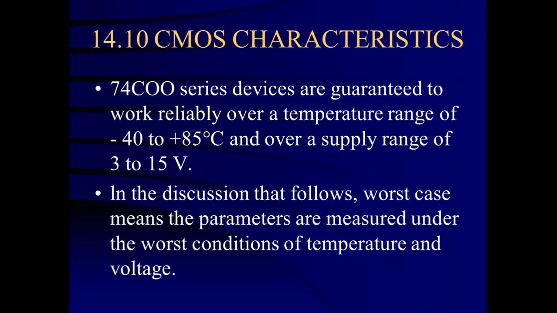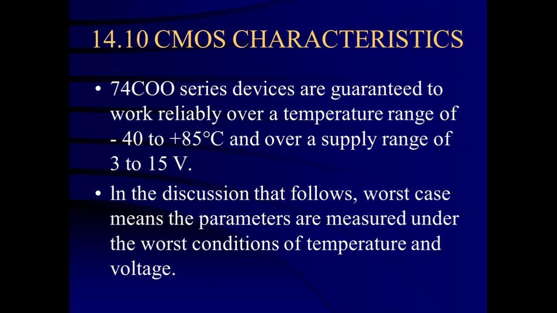Now we are going to study the detail of CMOS characteristics. CMOS devices, that is 74C00 series, are guaranteed to work reliably over a temperature range of -40 degrees Celsius to +85 degrees Celsius and over a supply range of +3 volt to +15 volt.